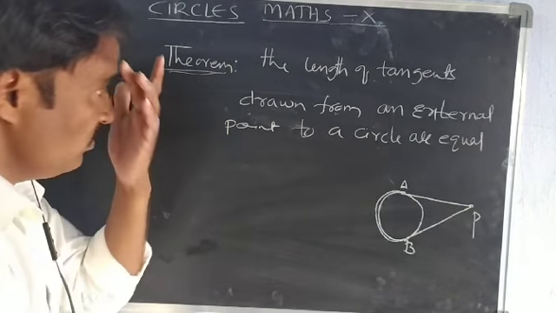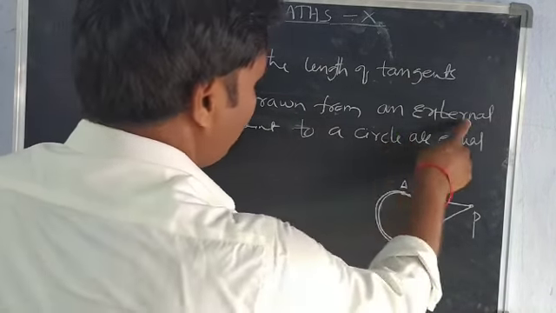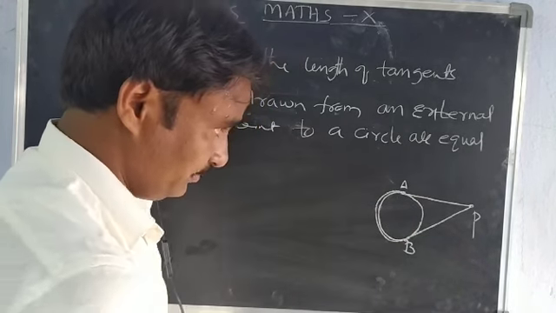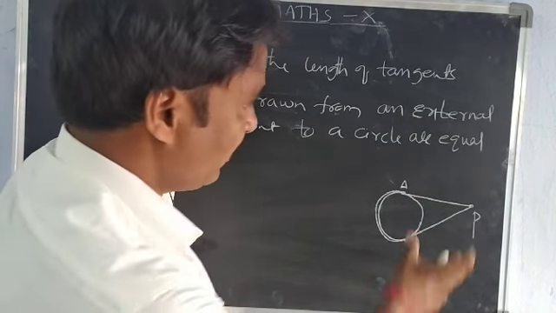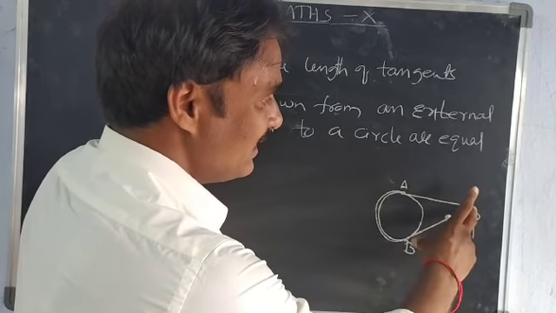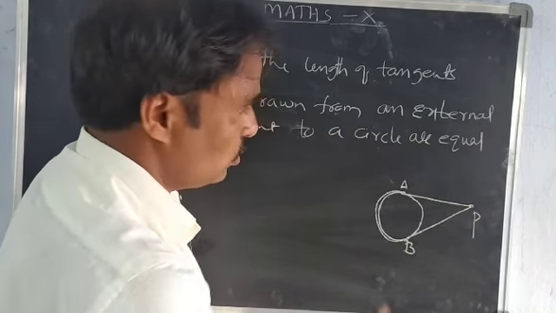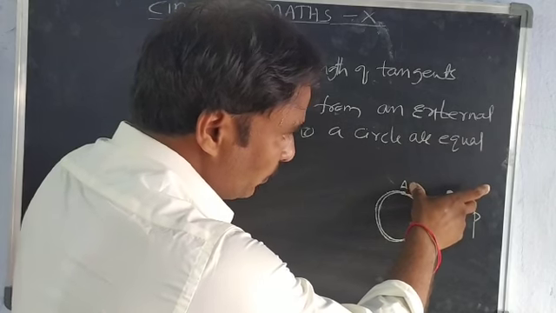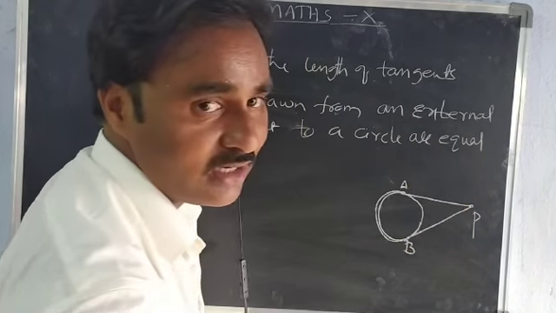What we are going to prove: the lengths PA and PB are equal.